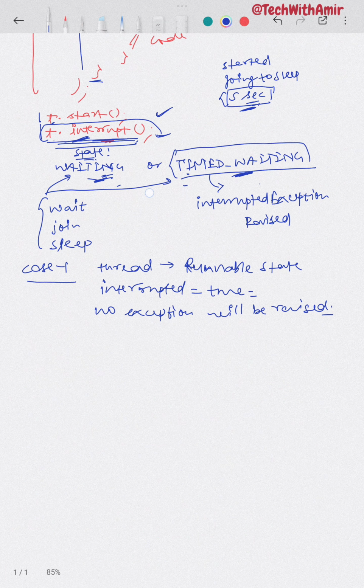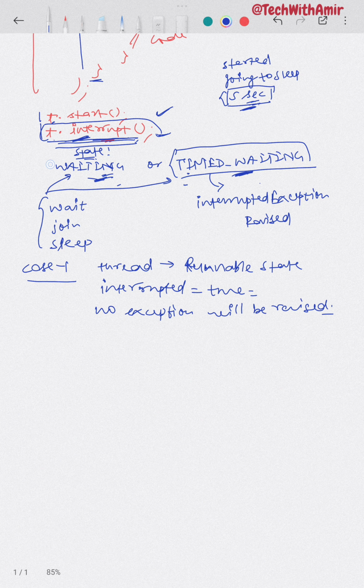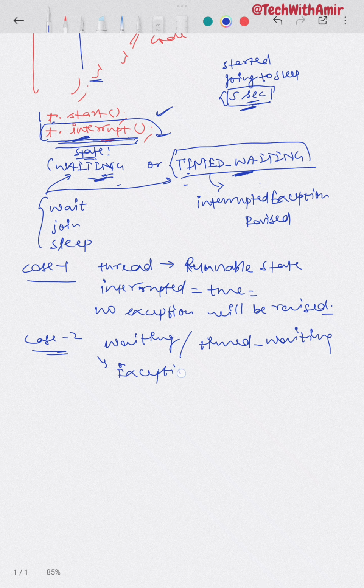The other case, as I explained earlier, is the waiting or the timed waiting state. In those cases an exception is raised, interrupted exception is raised, and the interrupted status is set to true.